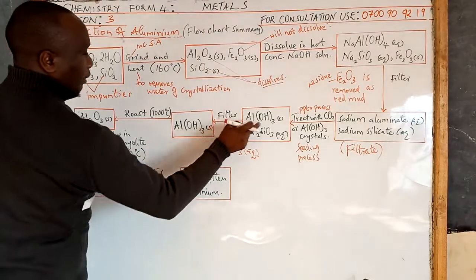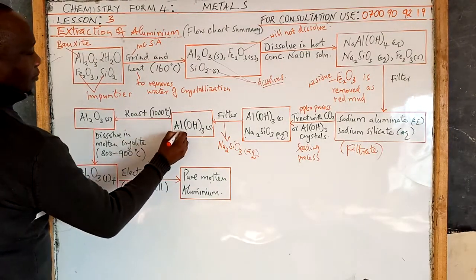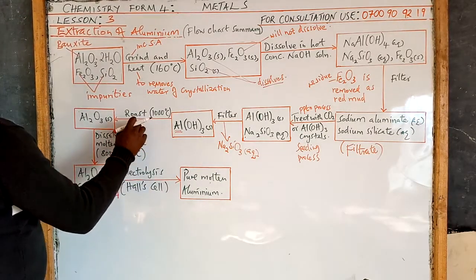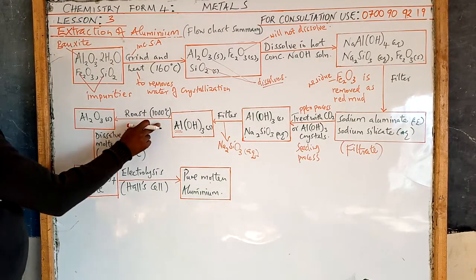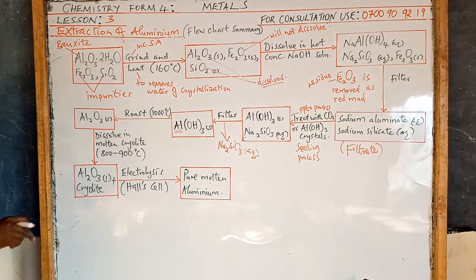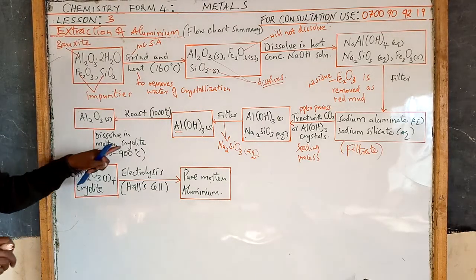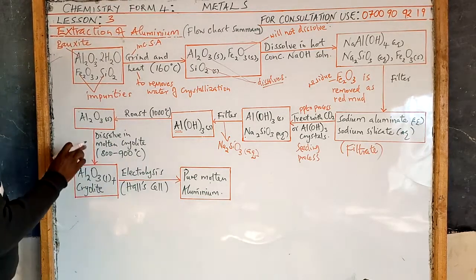Then now you have your aluminium hydroxide. So our main concern is aluminium. So you roast, decompose aluminium hydroxide at a temperature of about 1000 degrees Celsius. It gives you aluminium oxide. Then aluminium oxide solid is dissolved in molten cryolite at a temperature of about 800 to 900 degrees Celsius.